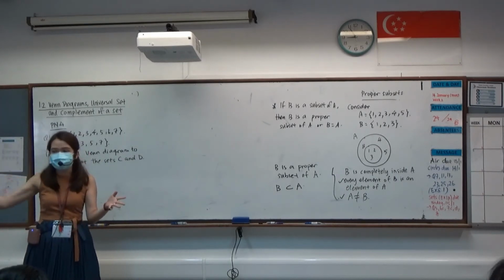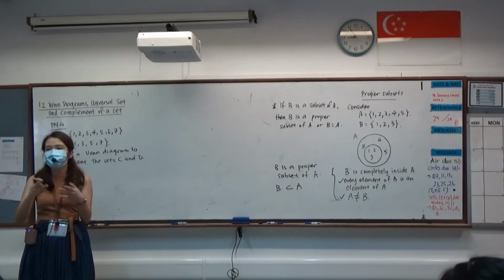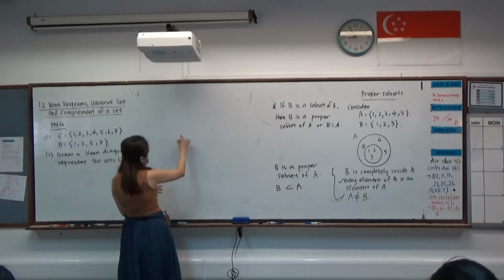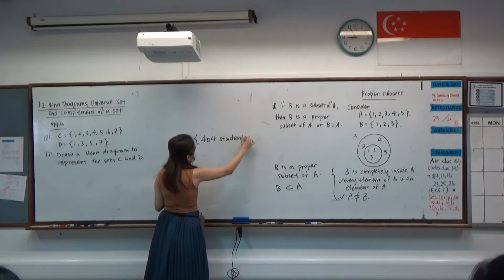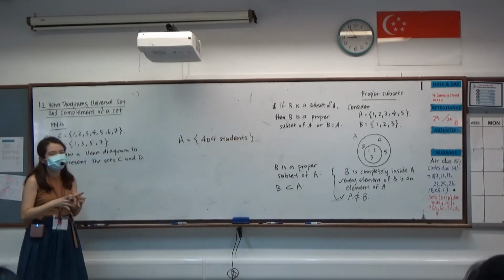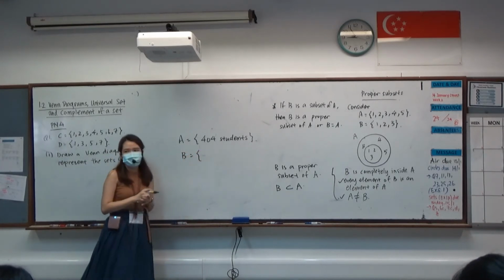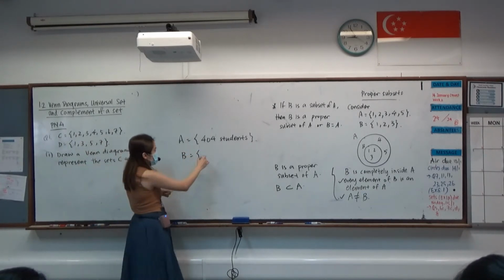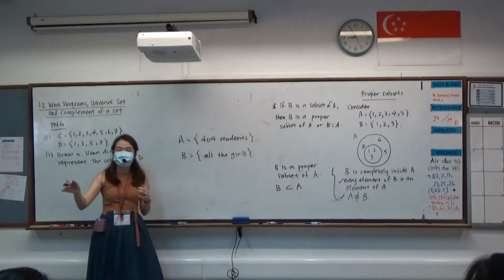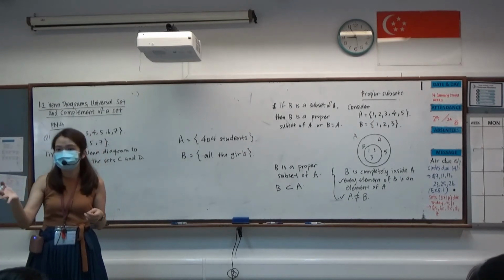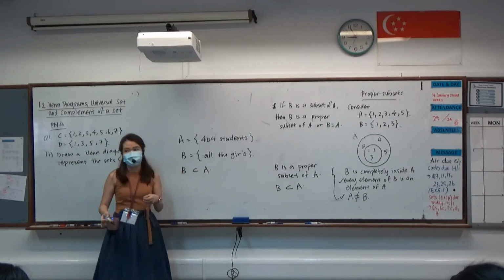If I create this class as one set itself, a set of four students, then it is obvious that if I have another set, so let's say, I just write it very loosely, not a correct way of notation, A to be a set of four students, and then I want B to be defined as a set containing all the girls. So in this class, we are fully aware that there are both boys and girls, right? So we see that B is definitely a proper subset of A.